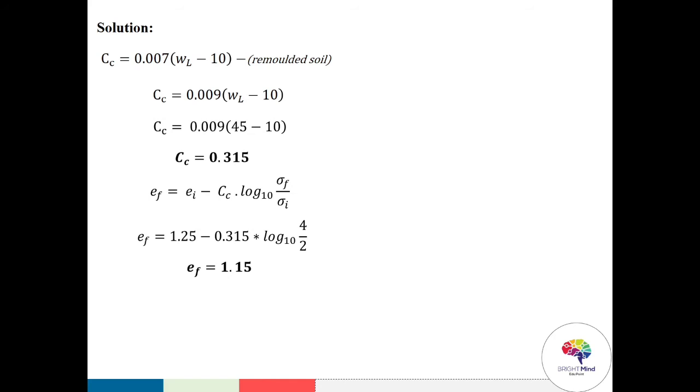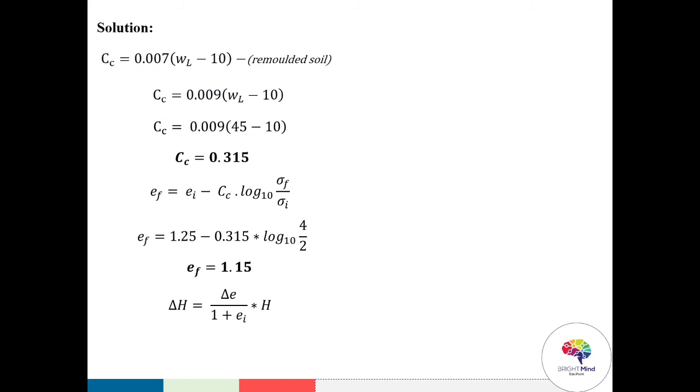Moving on to the next part, in which the value of the settlement of the proposed structure is to be found out. The settlement, represented by delta H, can be computed using the equation delta e upon 1 plus e i into H. Since the clay soil sample is normally consolidated, the settlement can be computed using the expression as shown.